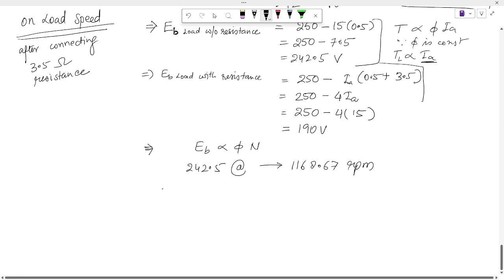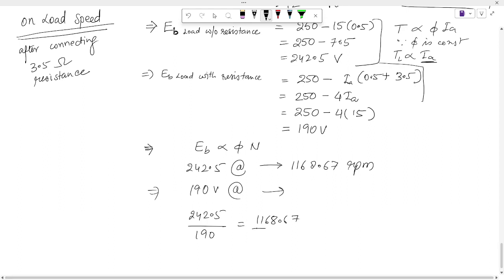So when it will be 190 volt, then again the same logic: 242.5 divided by 190 is equal to 1168.67 divided by N. What do you get for N?